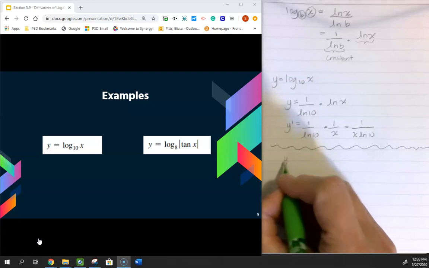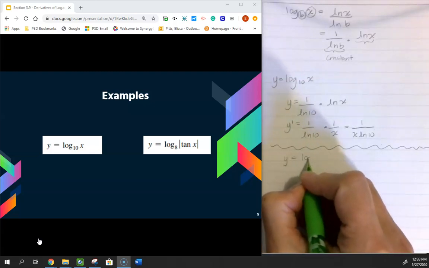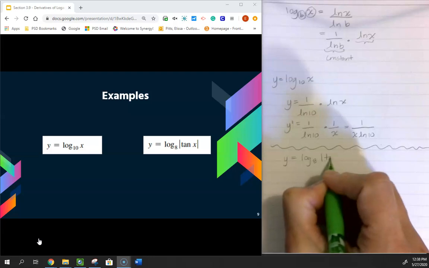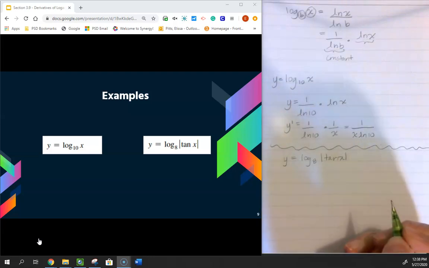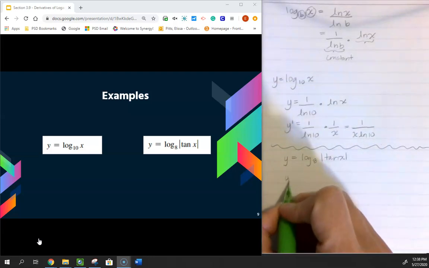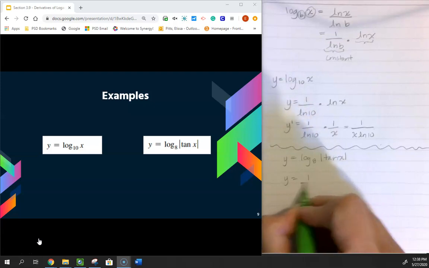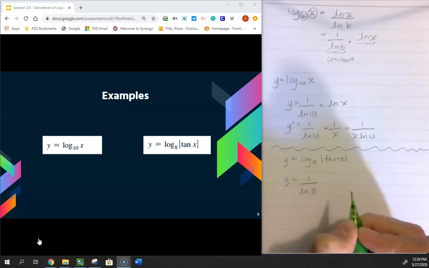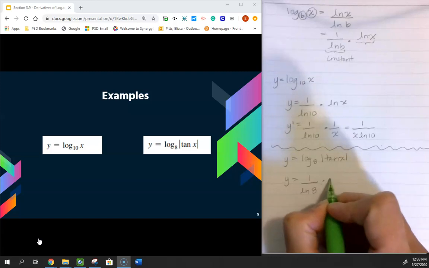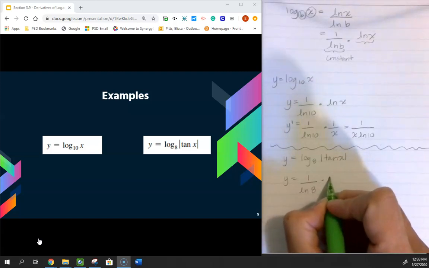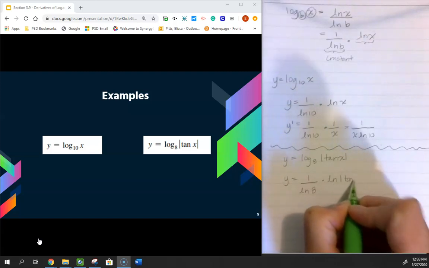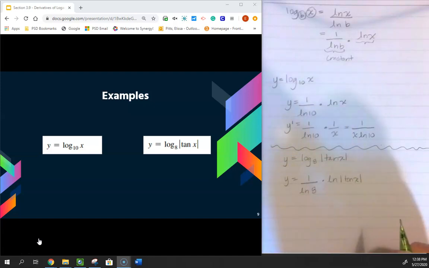We did the log base 10 of x. We're going to do y equals log base 8 of tangent x. Use our change of base. This equals 1 over the natural log of 8 times the log of the absolute value of tangent of x.